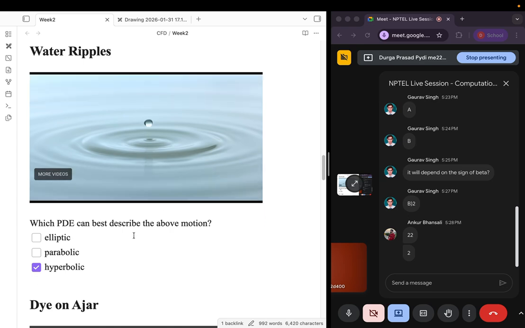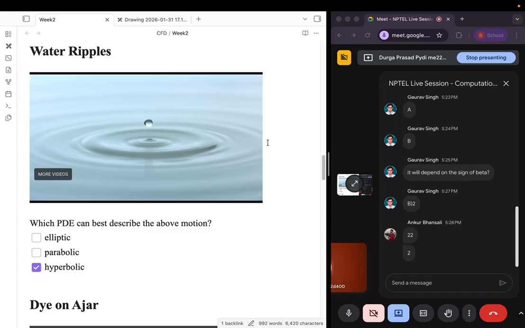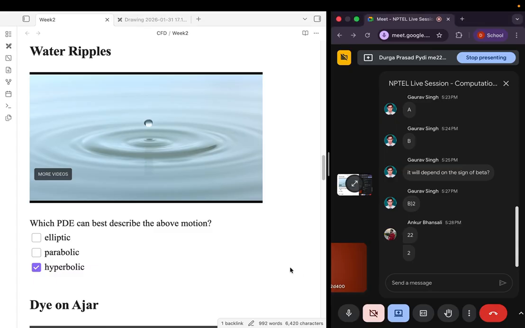Like whatever we understood from the example that I told, if I draw a line along this one and take all the points wherever this influence is happening, if there are only 2 points, then it is hyperbolic. That was what we were deciding. If there are multiple points all throughout, then I call it a parabolic kind of thing.